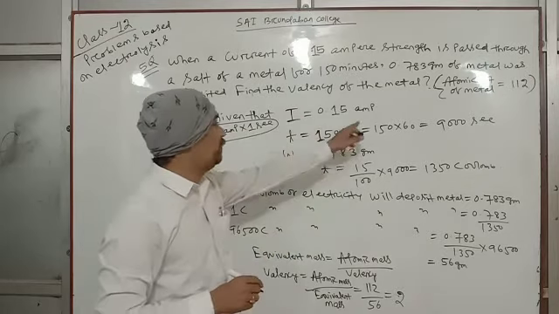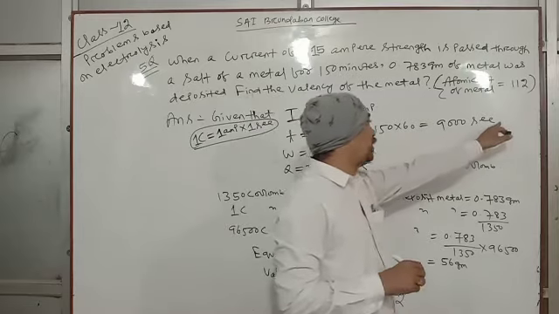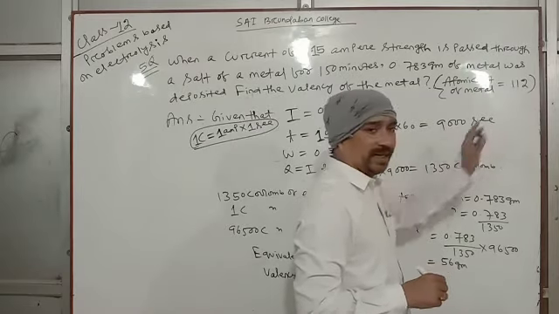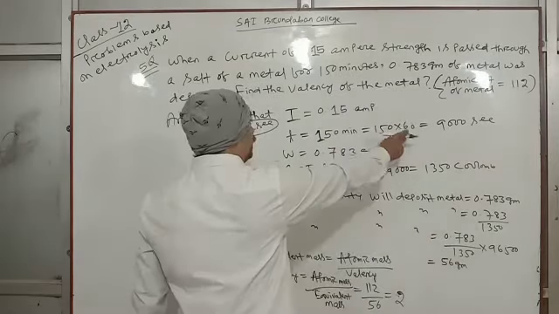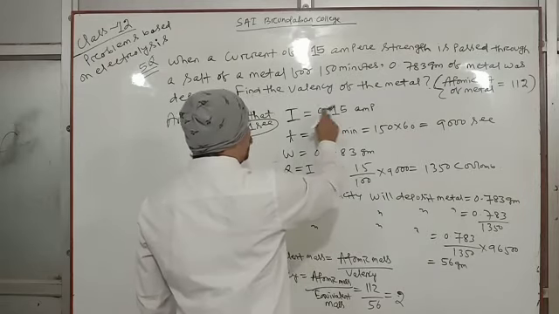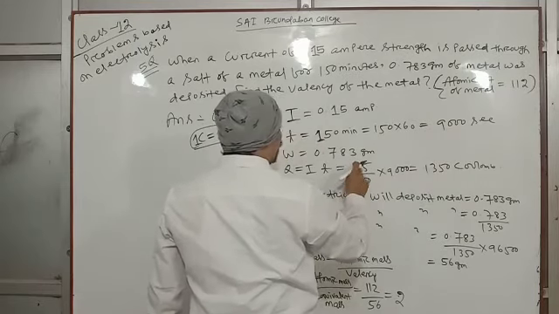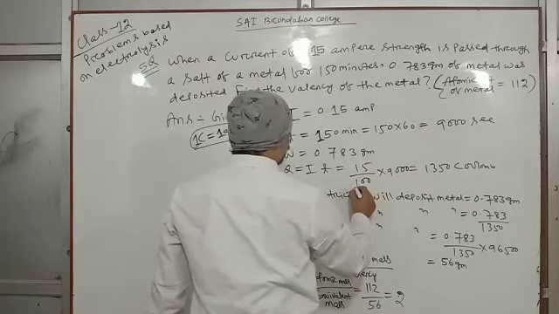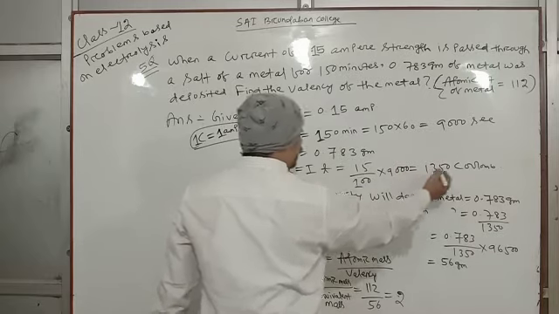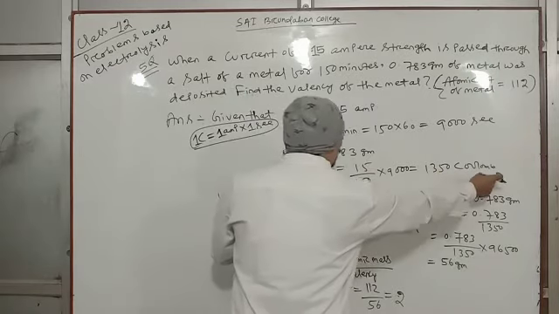T equal to 150 minutes, that is 150 into 60, which is 9000 seconds. So Q equal to IT, that is 0.15 into 9000, which is 1350 coulomb.